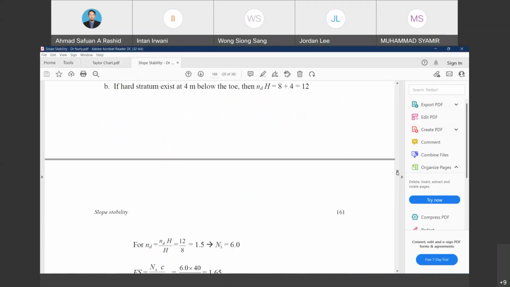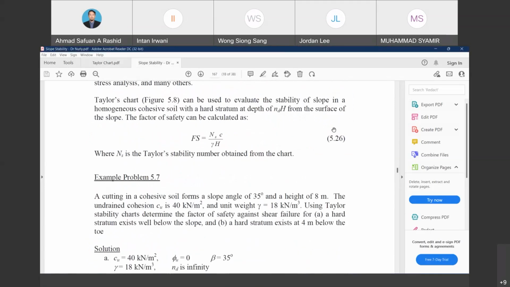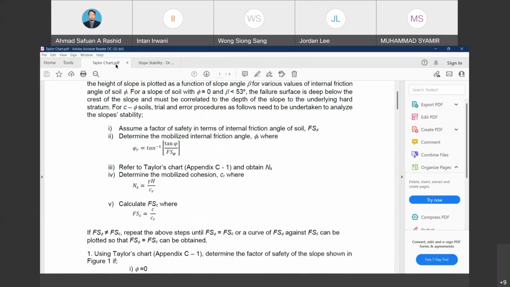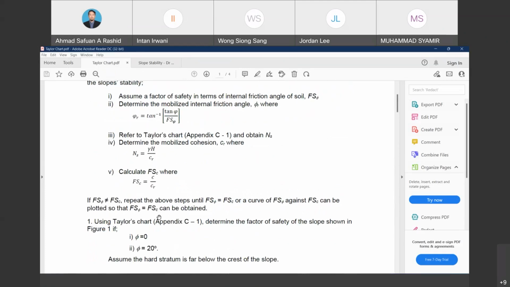Based on Dr. Noli, she used this equation directly to get the factor of safety. But Dr. Kamaruddin used the stability number, and from the number he gets the CR. From the CR, he used the factor of safety FSC equal to C over CR.